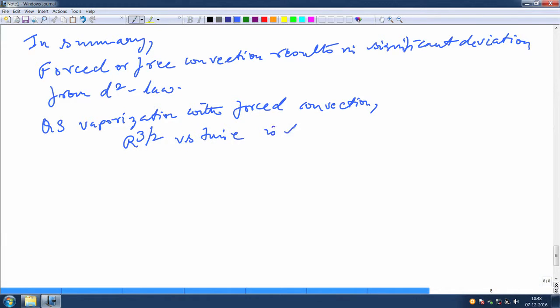This profile is linear, right, that we know, this we did earlier.